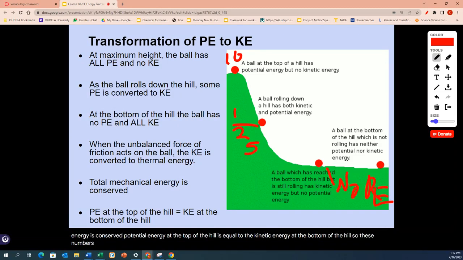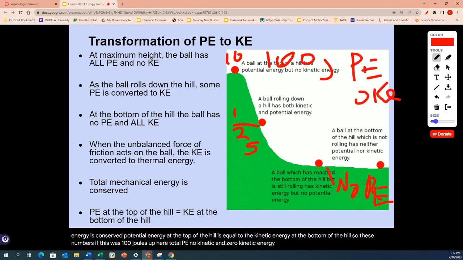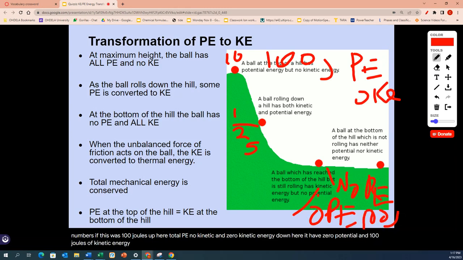So if this was 100 joules up here, total PE and 0 kinetic energy, down here it has 0 potential and 100 joules of kinetic energy. So we have all that to contend with.